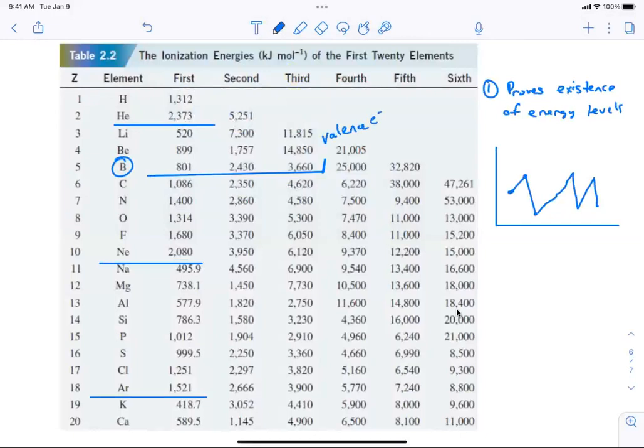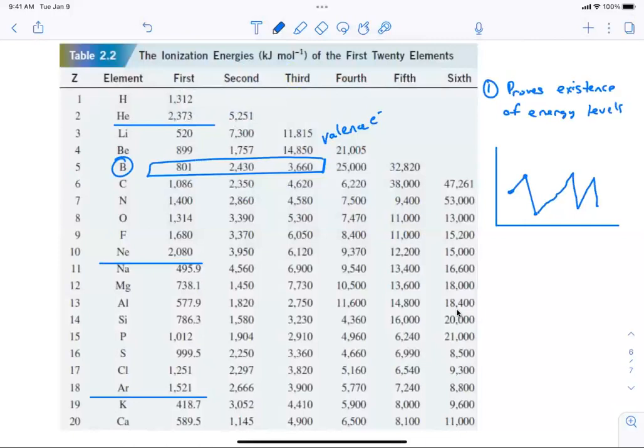So the biggest jump in ionization energy for an element tells you where the energy level changes. And when I say biggest jump, I mean biggest difference, not a factor or multiplier. Because yes, 32,000 to 25,000 is a 7,000 difference, but 25,000 to 3,000 is a 22,000 difference. That's a bigger jump, a bigger difference. So this tells us boron has 3 valence electrons.